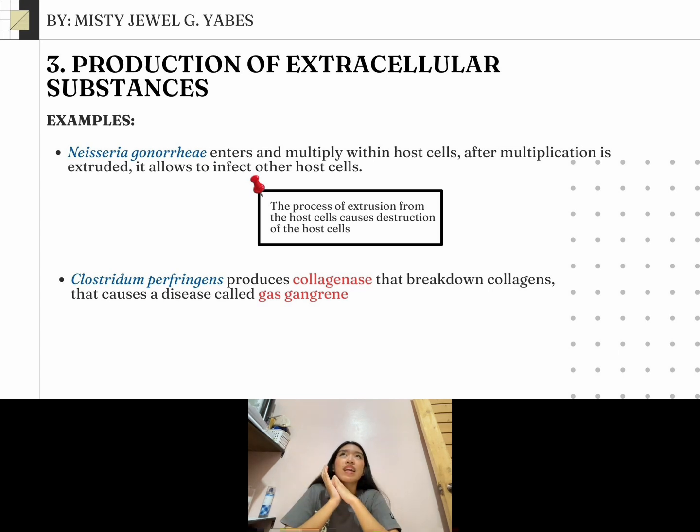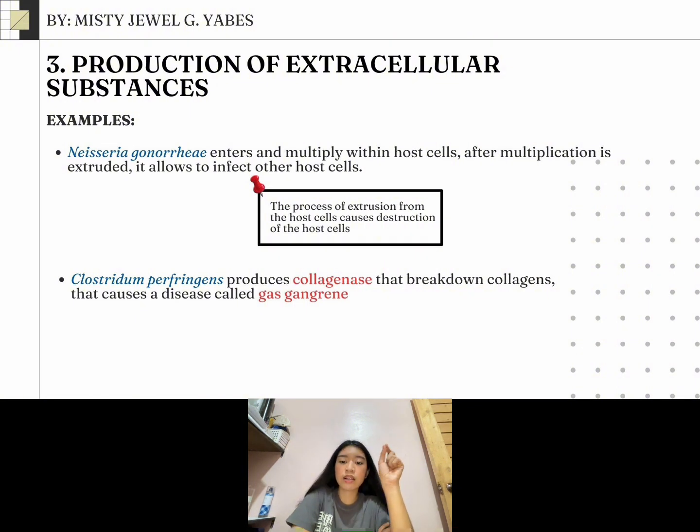So, ang Neisseria gonorrhoeae kasi is nagmumultiply sila at nag-e-enter sila sa ating host cells, in which after that multiplication is extruded or forced out from the host cell, inaalaw nito ang pag-infect ng ating microorganism sa ating iba pang host cell. Gets ba yun? Okay, kasi ang process of extrusion from the host cell causes the destruction of the host cell.